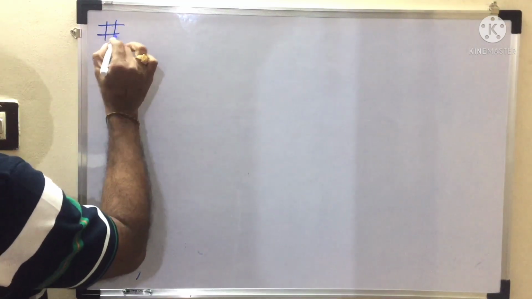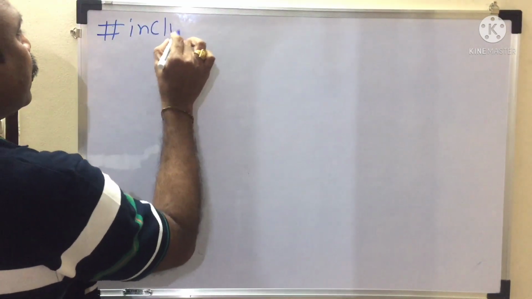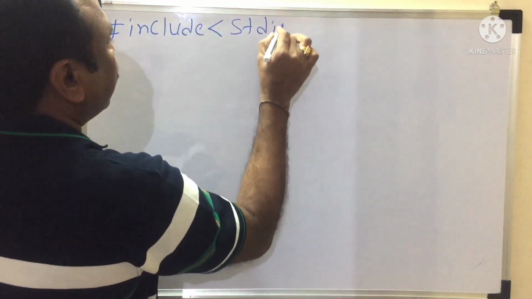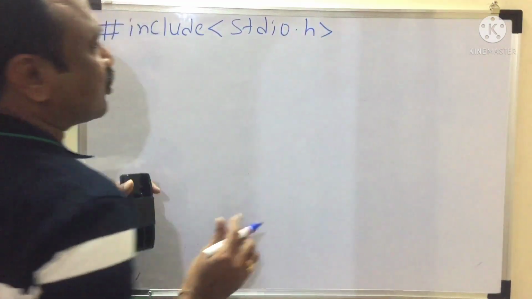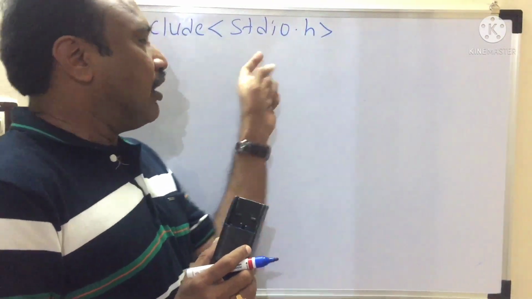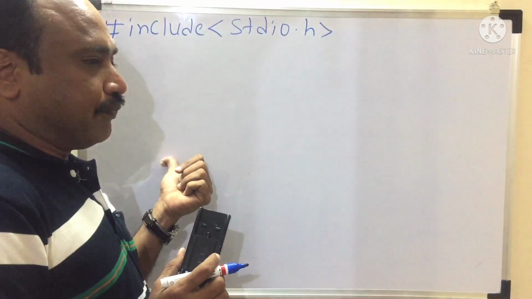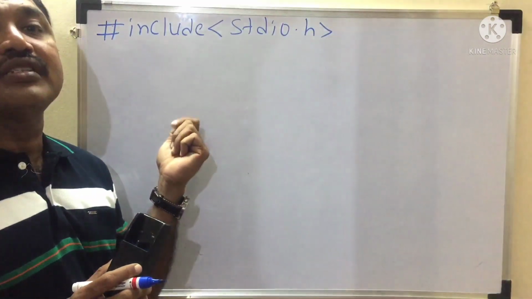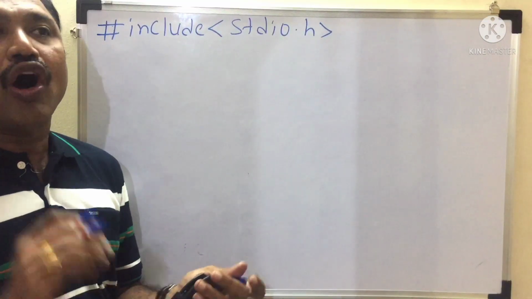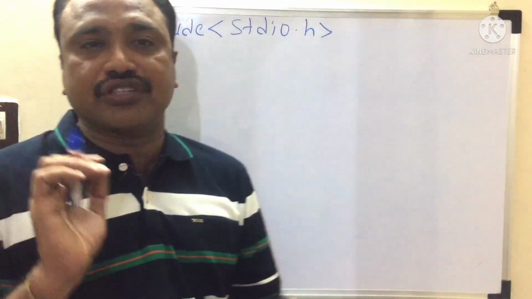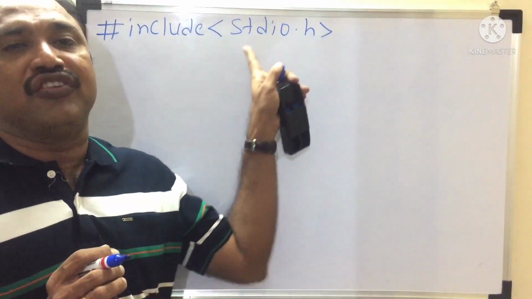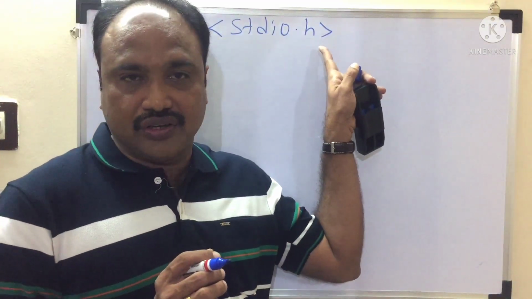Now we will write the program. Again, the first step is #include <stdio.h>. In the last video I explained the purpose of stdio.h: in the body of our program we are going to use predefined functions like printf and scanf, and how printf and scanf work is provided in stdio.h.